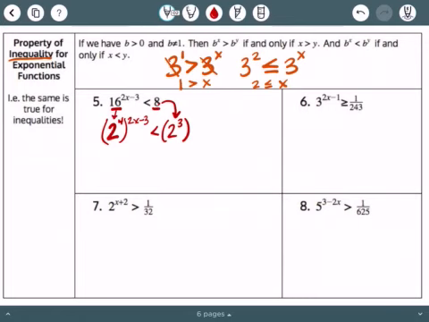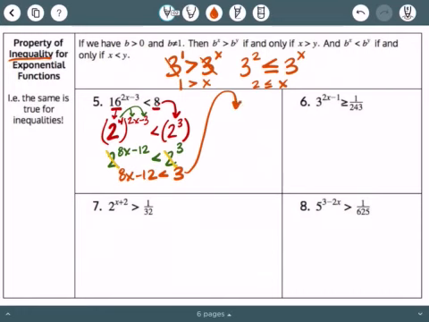That means I'm going to distribute, as I start my problem, in here. So I have 2 to the 8x minus 12 is less than 2 to the 3rd. I see that the bases are the same, so I'm going to cross them out. That leaves me with 8x minus 12 is less than 3.